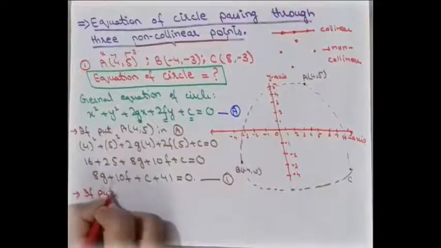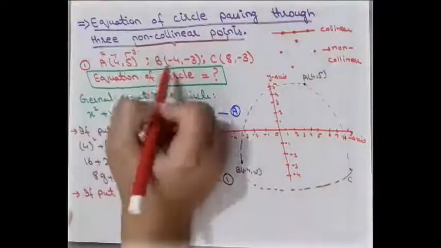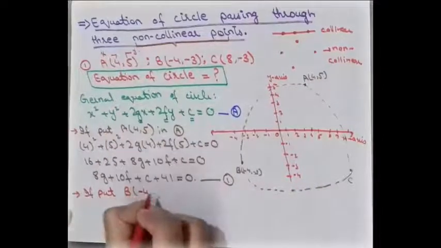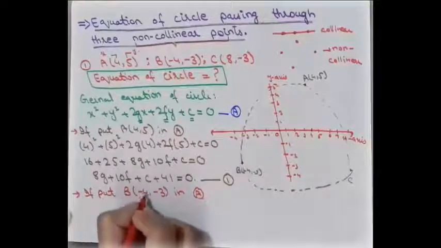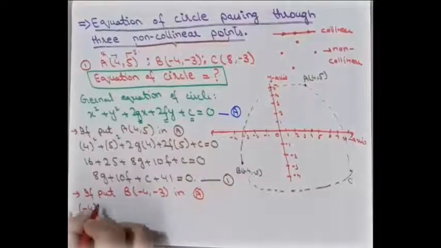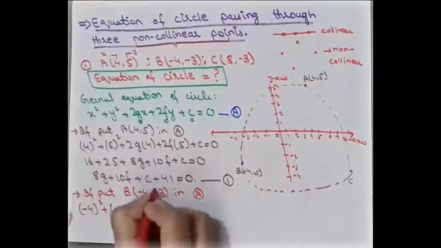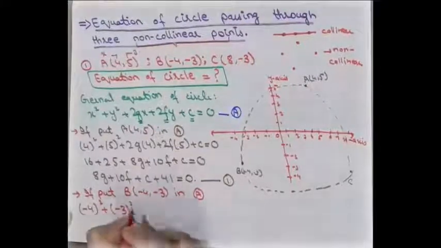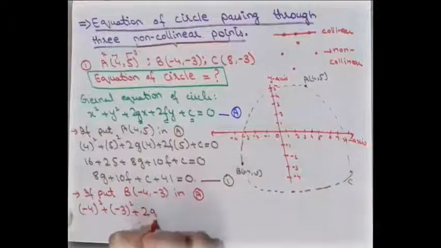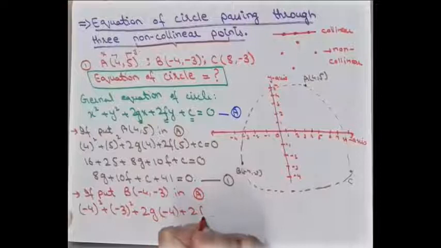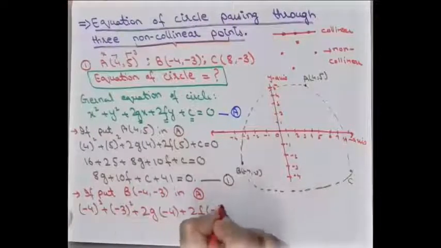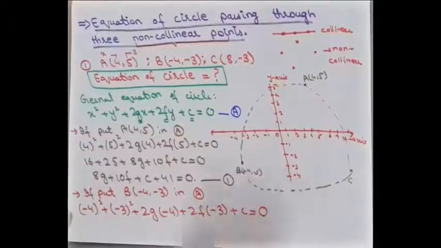If we put the point B, which is minus 4, minus 3, in equation A, the value of x is minus 4 square plus the value of y, which is minus 3 square, plus 2g times x, which is minus 4, plus 2f times minus 3 plus c, which is equals to 0.